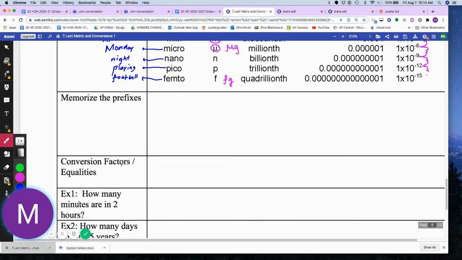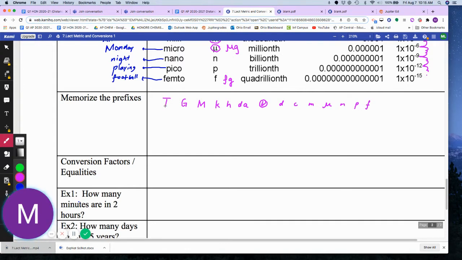Okay, now that you have the prefixes memorized, let's go ahead and write them down. The great monarch, King Henry, died, that's deca, it has an A. By, that's the base unit. Drinking chocolate milk, Monday, that's the micro, night, playing football.